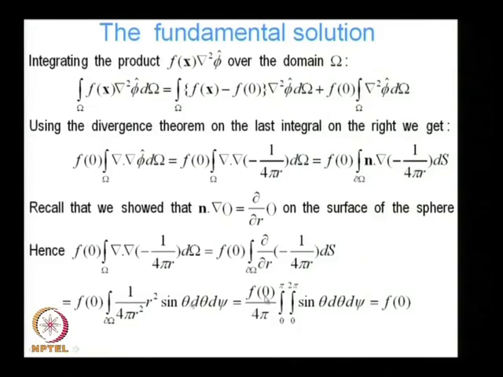That is going to give me 1 by 4 pi r square, and then I replace ds by r square sine theta d theta d psi, the infinitesimal area in terms of r, theta and psi. R square cancels out. I pull out my 4 pi outside, and then I have this integral, and if you integrate this it comes out to be exactly equal to 4 pi.